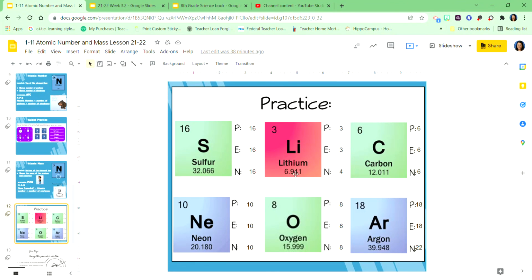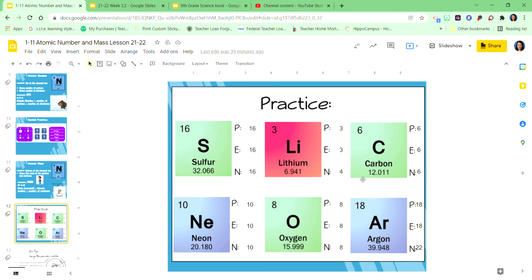We take this bottom number, round it up, so it's 7. 7 minus 3 gives you 4. So as you can see, a lot of the times they will be the same number, but sometimes they will not. So you just have to do the math. So for carbon, the atomic number is 6, which means the protons are 6, the electrons are 6.